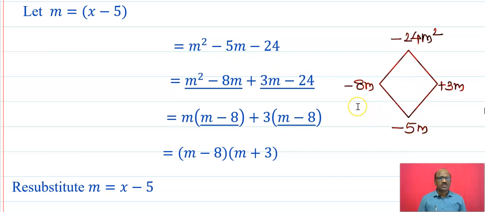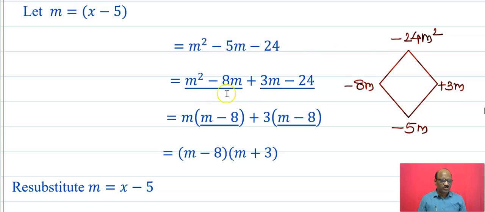Now what are the two numbers whose sum is minus 5m and product is minus 24m square? The numbers are minus 8m and plus 3m. So in place of minus 5m we have written minus 8m and plus 3m.